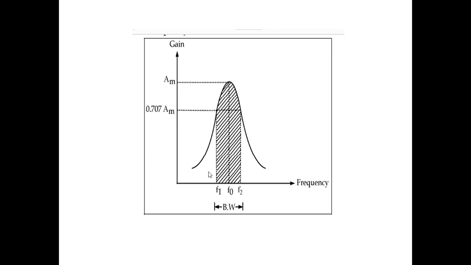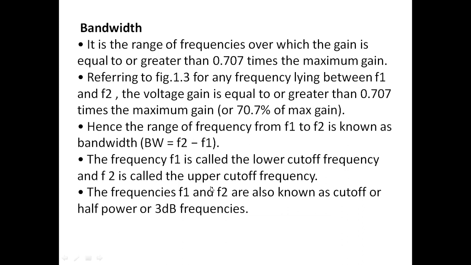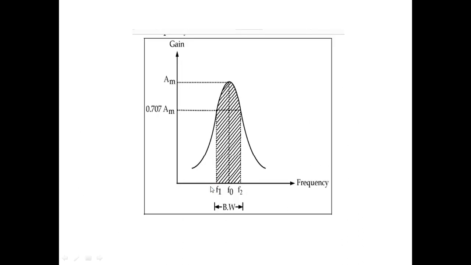Generally the gain at the resonant frequency is maximum. That value is taken as AM, the maximum gain at resonant frequency.